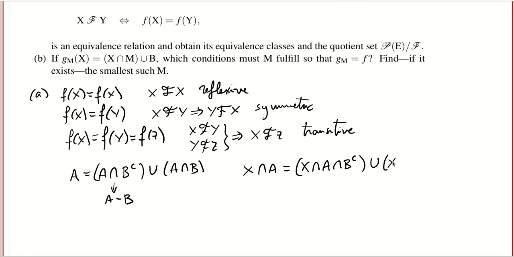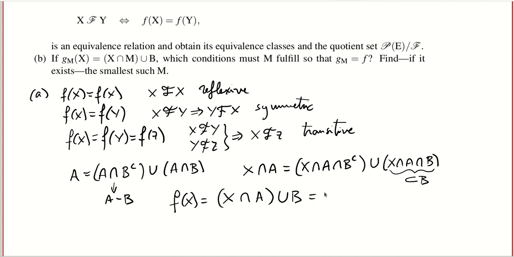Okay, but the nice thing is this whole set here, no matter how complicated it is, is part of B, right? Because it's an intersection with B, so it's part of B. So this is a subset of B. So when we make the union of this set with B, which is the definition of f of x, right?